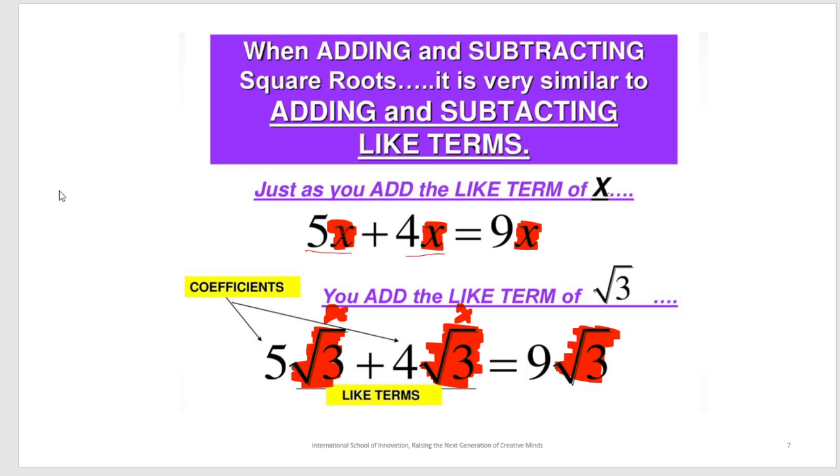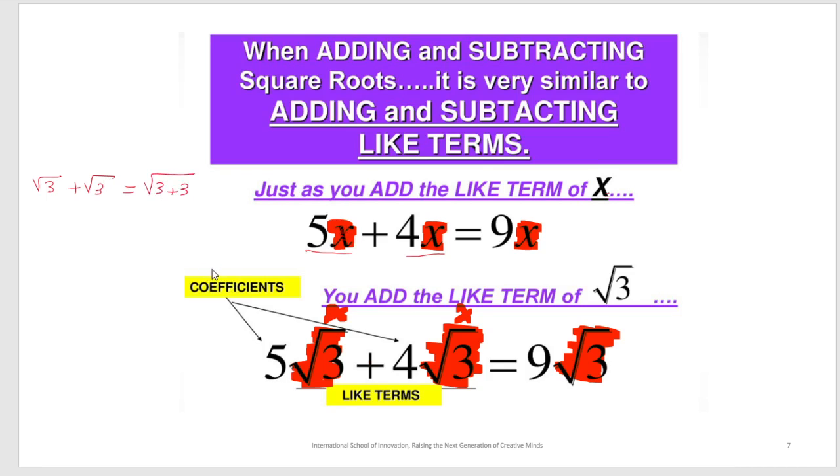So let me write some examples before we start. Let's say radical 3 plus radical 3. How could you add radical 3 plus radical 3? Is it equal to radical 3 plus 3? I want you to try in your calculators.